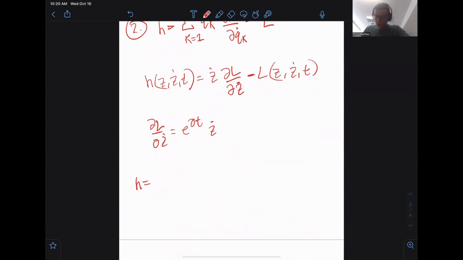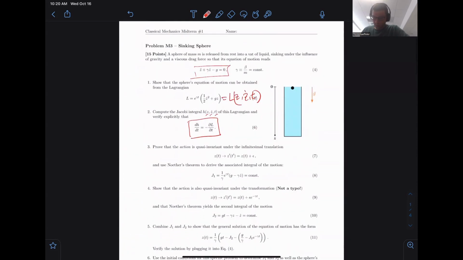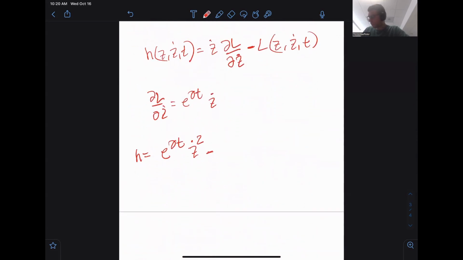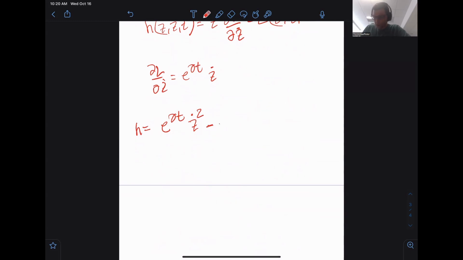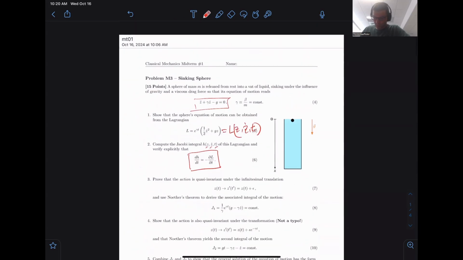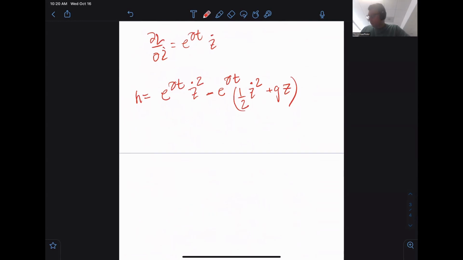So h is equal to e to the gamma t z dot squared minus the Lagrangian again, which, this is 1 minus a half, so h ends up being 1/2 z dot squared minus g z.